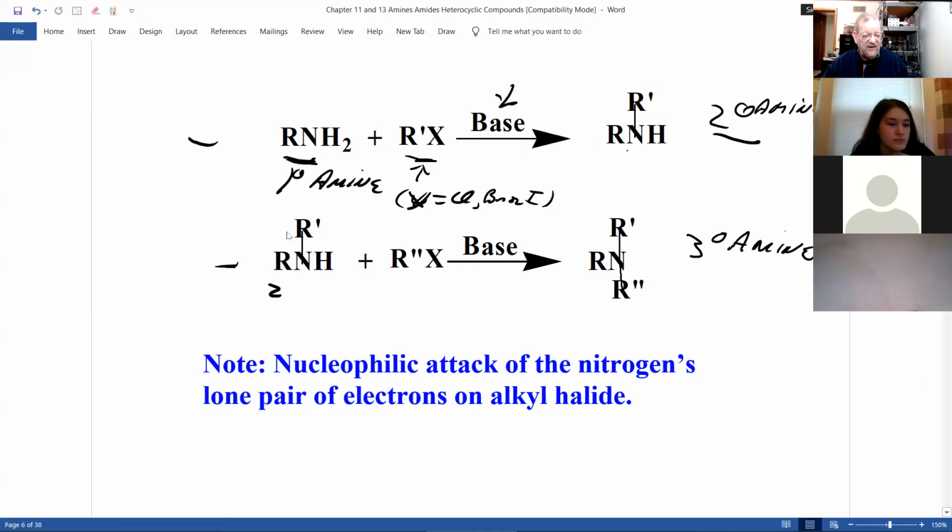You take a secondary amine and react it with an alkyl halide. Remember, X can be chlorine, bromine, or iodine. You get a tertiary amine. And that's what you get. So let's have fun with this.